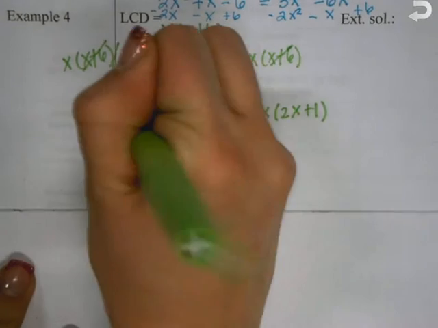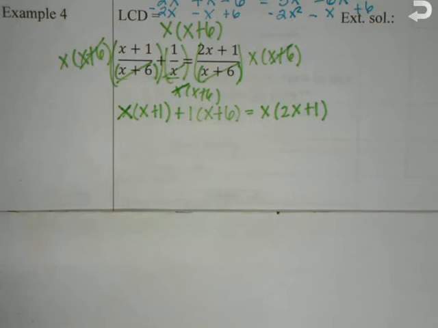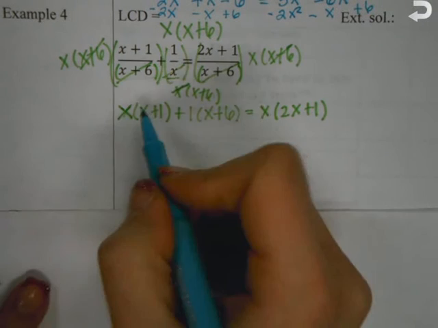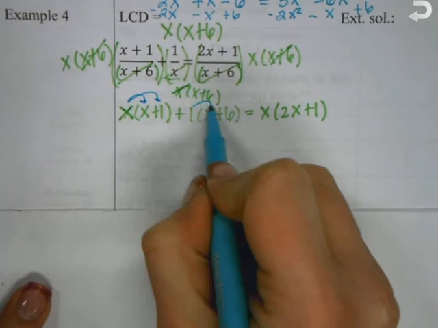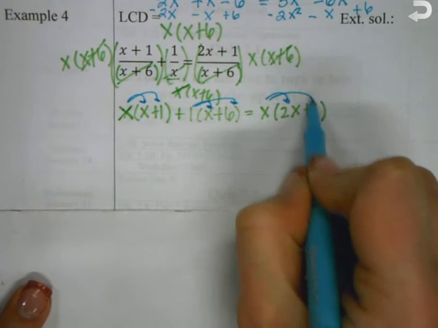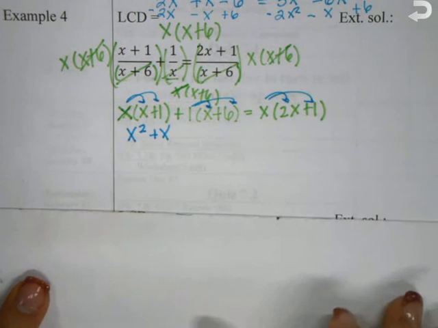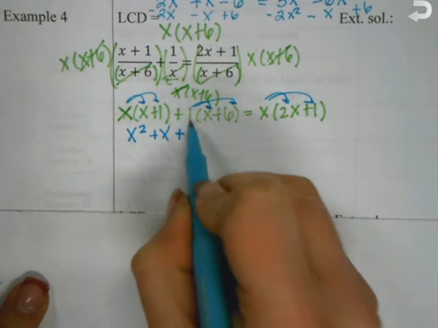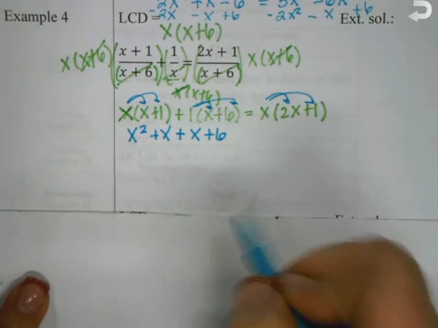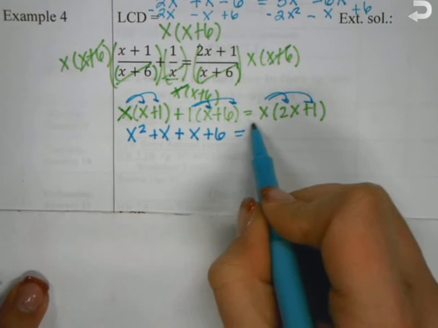So we would get x squared plus x plus x plus 6 equals 2x squared plus x. So if I combine like terms on the left, that's going to give me x squared plus 2x plus 6 equals 2x squared plus x.